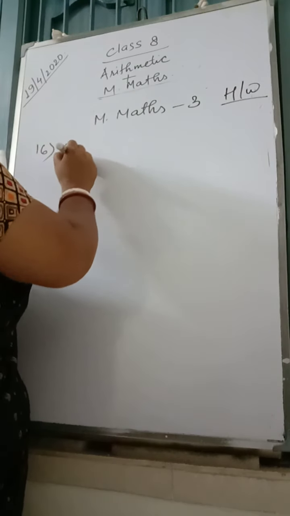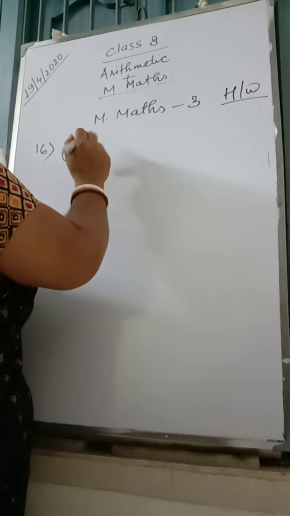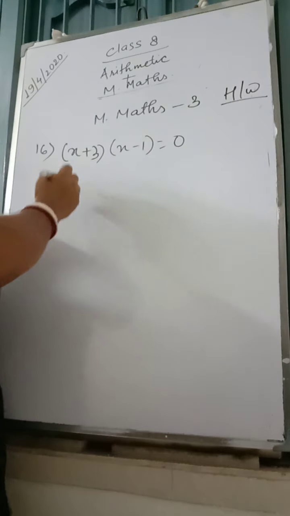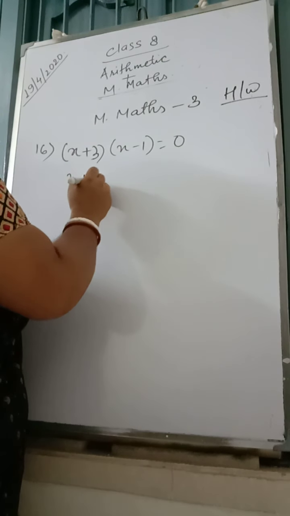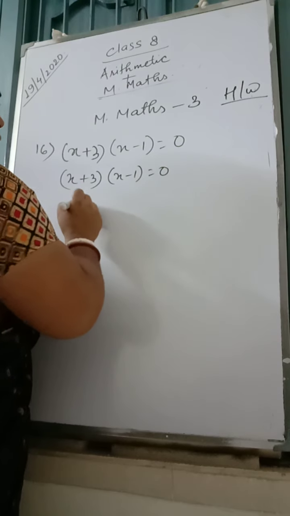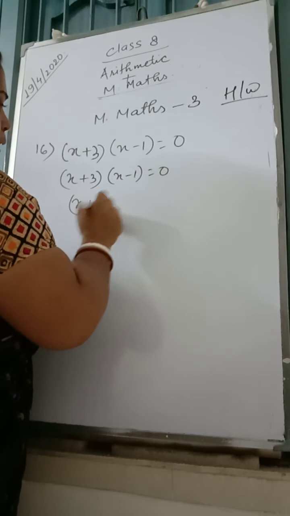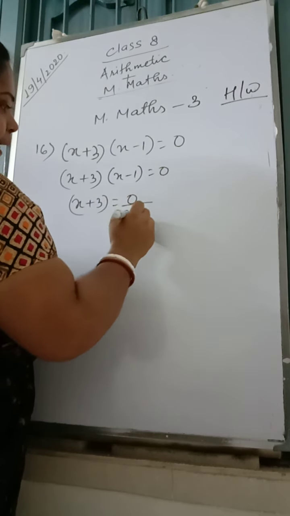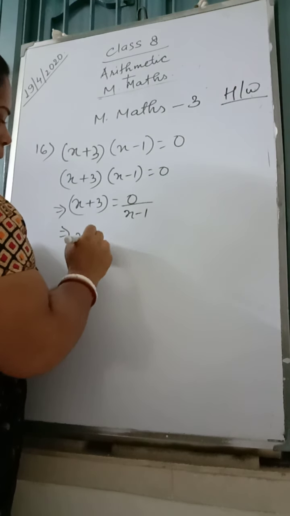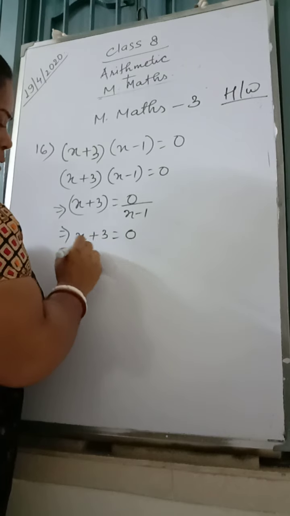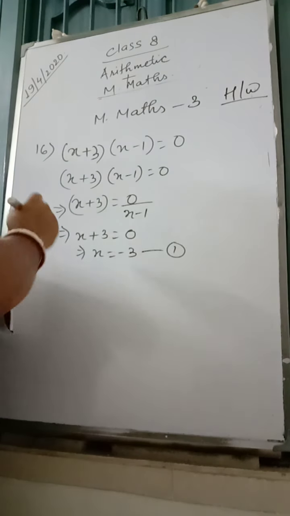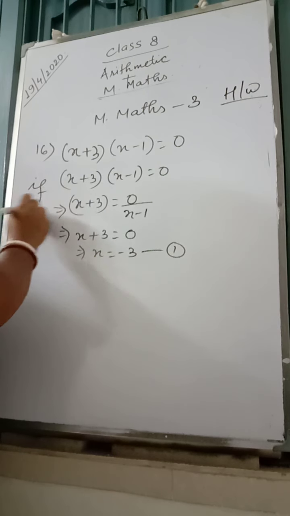You see, it is given x plus 3 into x minus 1 is 0. Now if x plus 3 into x minus 1 is 0, so x plus 3 is equal to 0 divided by x minus 1, or x plus 3 is 0, so x is equal to minus 3. This is number 1.